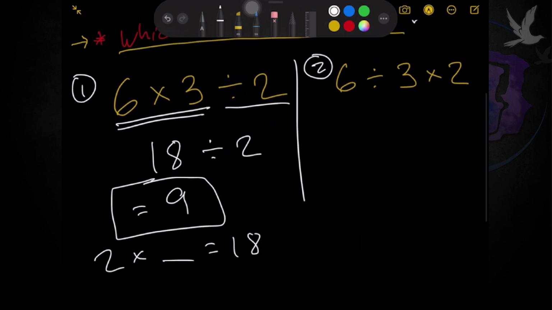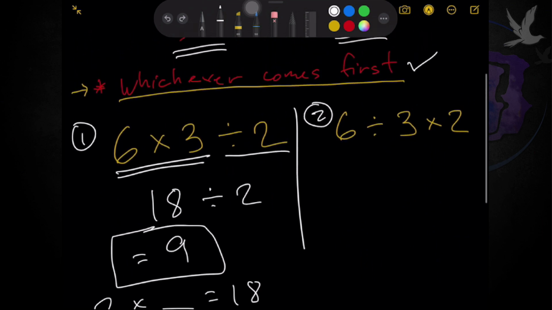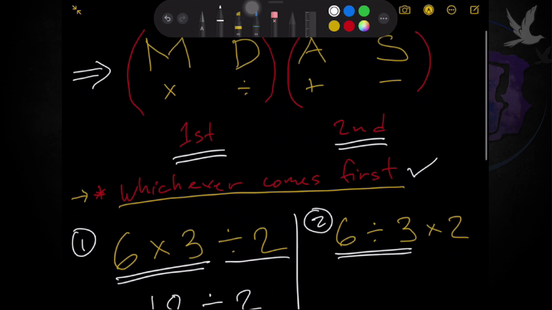Now, doing number 2. How do we do number 2 now? 6 divided by 3 times 2. So if you notice, again, we have your division and multiplication signs here. But in example number 2, the division comes first, which means you need to deal with that first, since they belong in the same group.